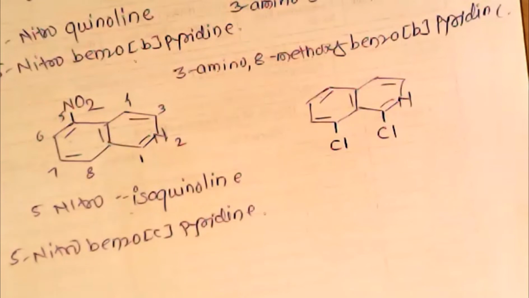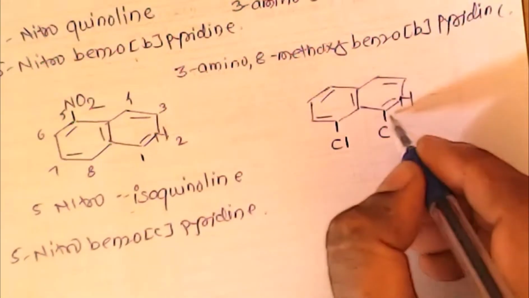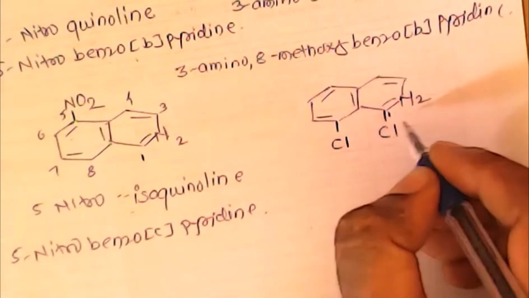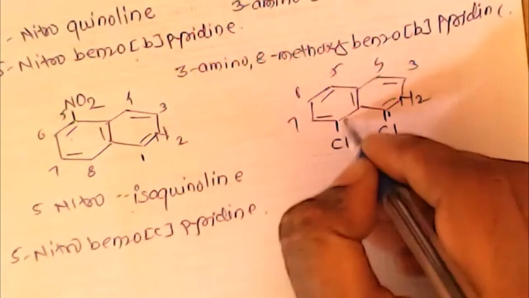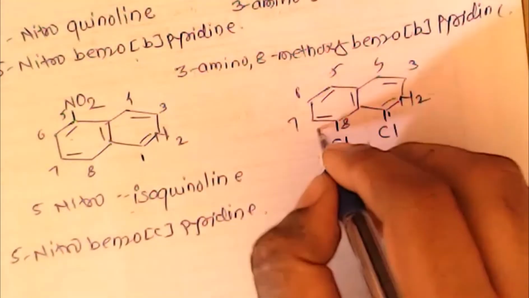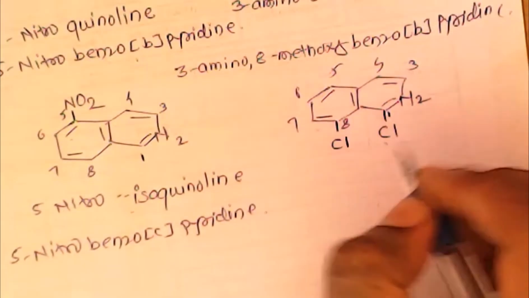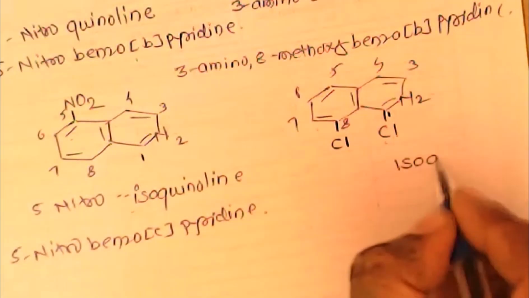Okay, so keep in mind, the nomenclature system of this is easier than the others, not very difficult. So this is an isoquinoline, and then what will you do? We just write the numbers 1 2 3 4 5 6 7 8. At carbon number 1 and carbon number 8 there is a chlorine group present, so it is dichloro, and the parent of this is isoquinoline.